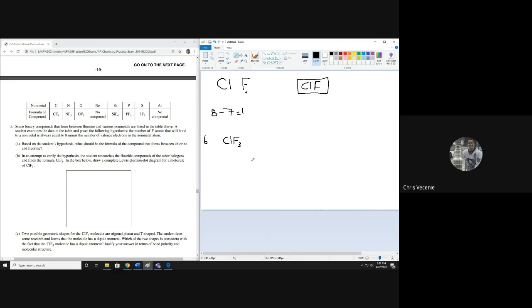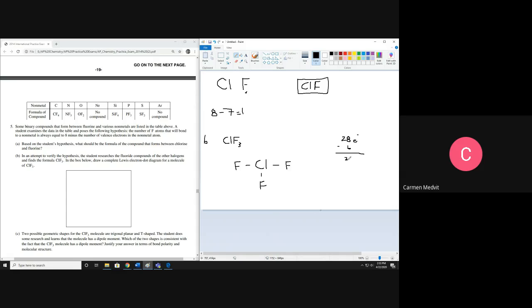Talk me through it. So Cl is going to be in the middle, and then there's going to be 3 Fs coming off of it. Okay. And then you have to do the electron bank. So Cl gives you 7, and F gives you 3 more 7s. And then you have to subtract 6 for the bonds that are already there.